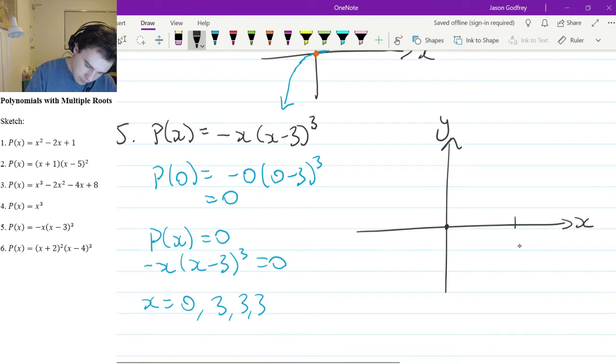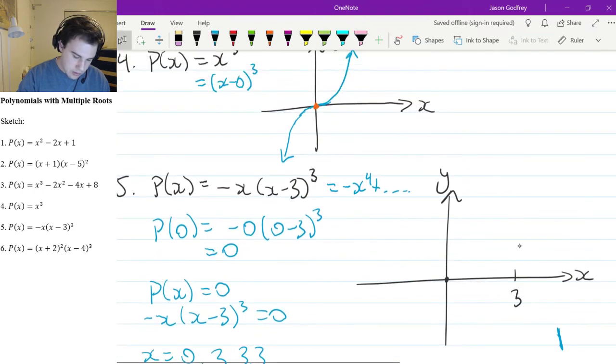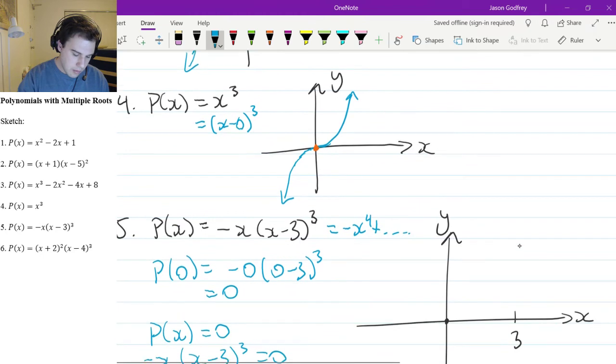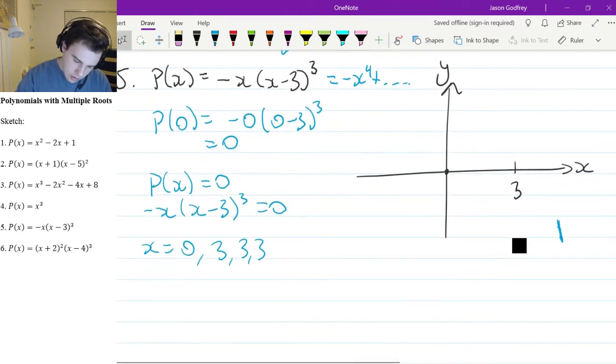Actually, I'll do it below. So because it was negative x to the 4, right? It's going to start on the right side down the bottom. So we're going to start down the bottom, and then when we come through this point here at 3, it's going to be a triple root. So it's going to have this same kind of curvature of this cubic x cubed up here, but the same thing flipped over, right?